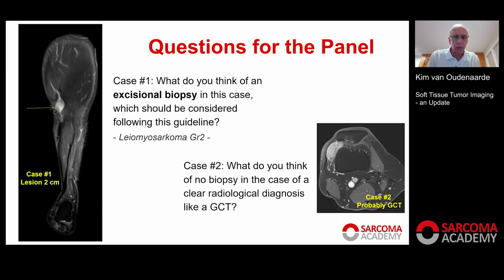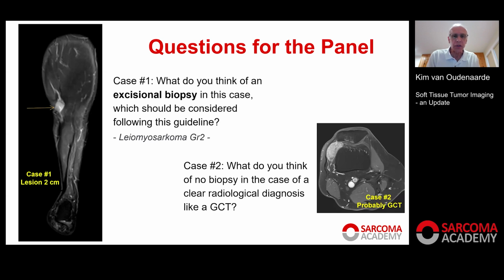So being able to plan a wide local excision initially is very helpful. In that case, I would have performed a core needle biopsy. It's very accessible, the diagnosis is almost certain to be obtained after the core biopsy, and then you can plan appropriate surgery from the start.